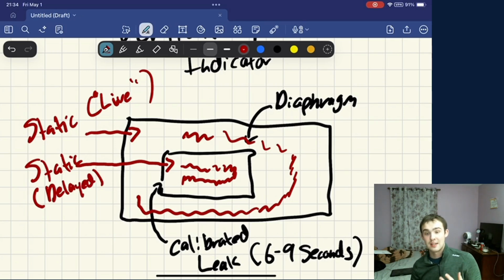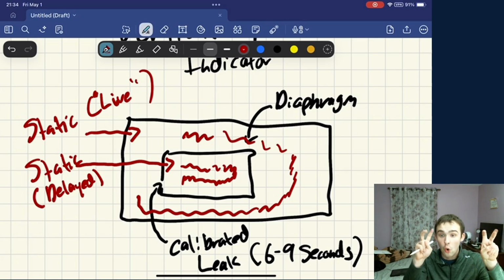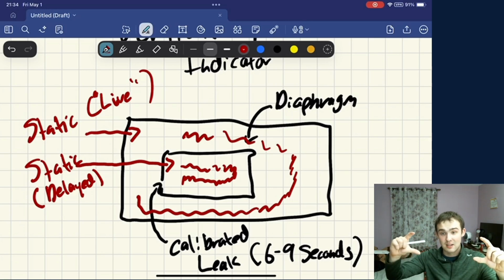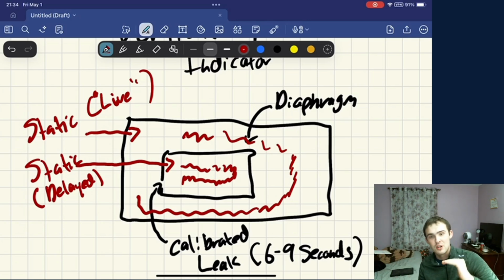Because of that calibrated leak, the air inside of the diaphragm is about 6 to 9 seconds old, per se, compared to the live air on the outside of the diaphragm. And what that's going to do is create a pressure differential from what the static pressure was 6 to 9 seconds ago to what it is right now.